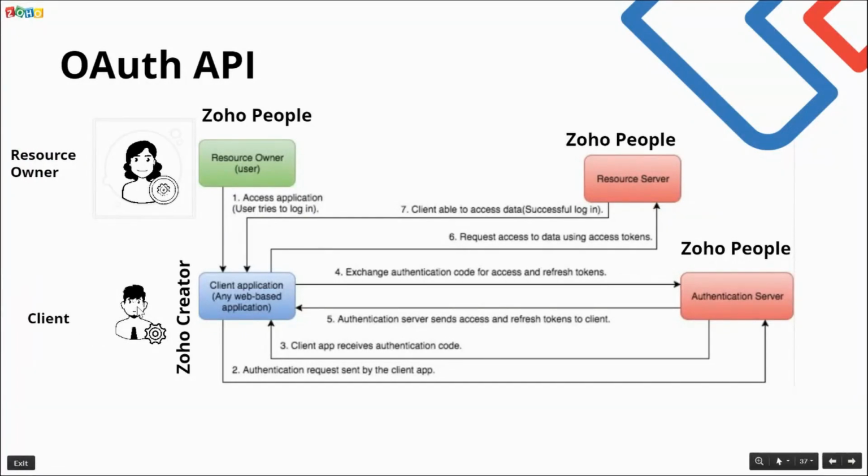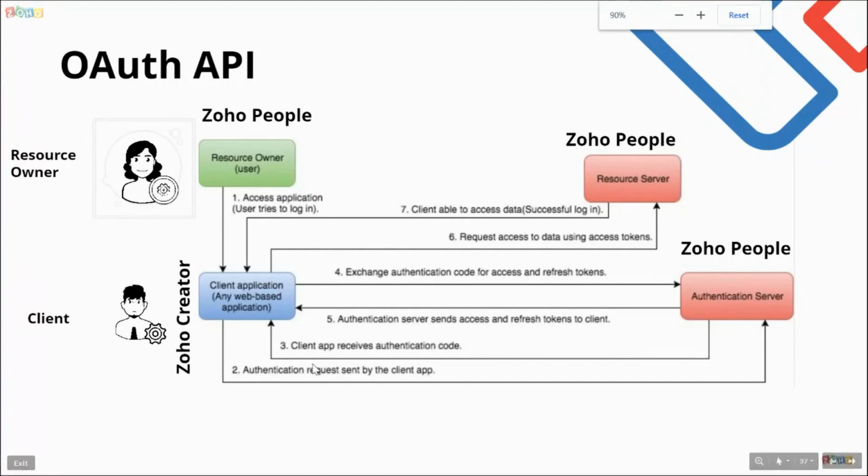Initially, Gabriel would be sending an authorization request to Katie, requesting access to protected resources. If Katie wants to provide access, she will provide two keys, that is the access token and refresh token, with which Gabriel can have access to the data. This is what is explained in the flow.